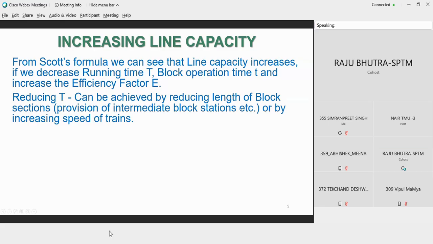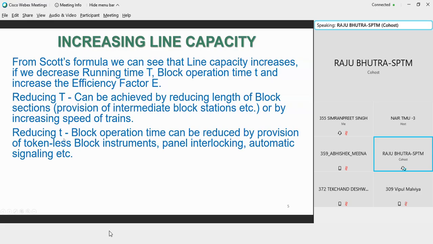It can be achieved by reducing the length of block section. So if we are able to reduce the length of critical block section by providing some intermediate block stations or intermediate block huts, or by increasing the speed of trains. So this is how we can reduce capital T.